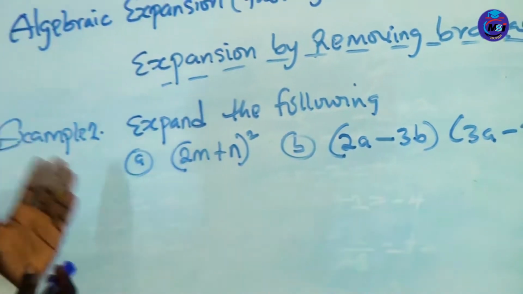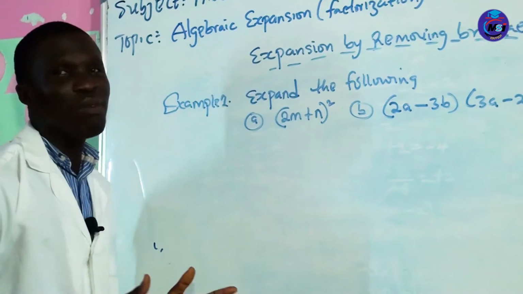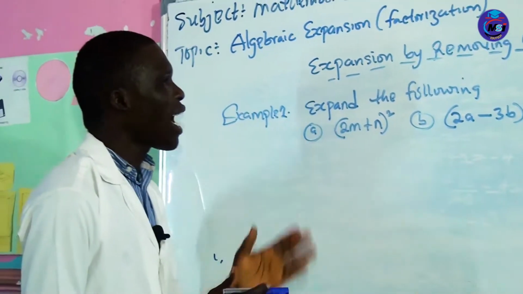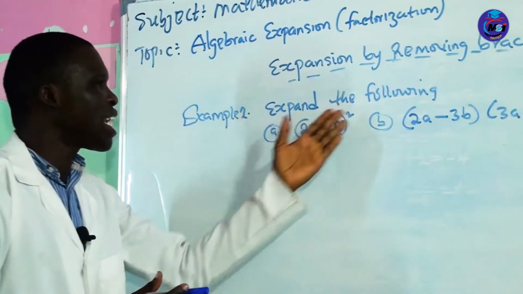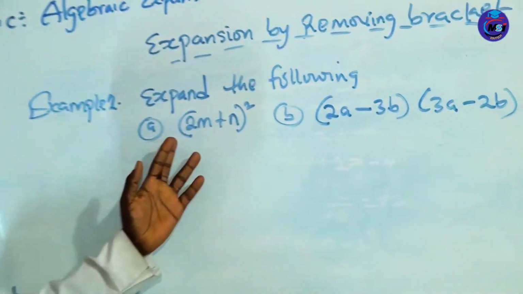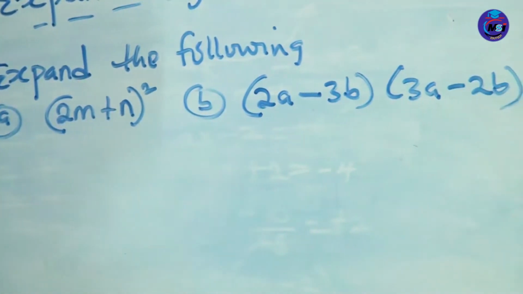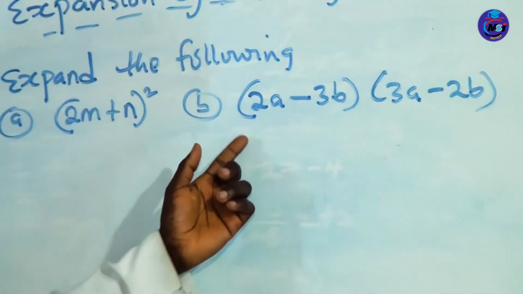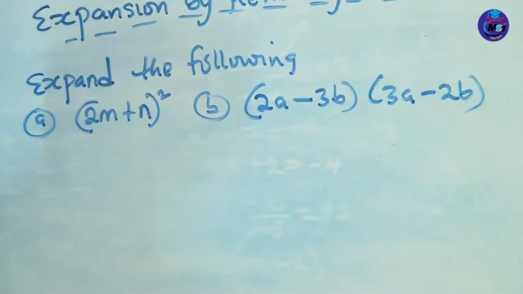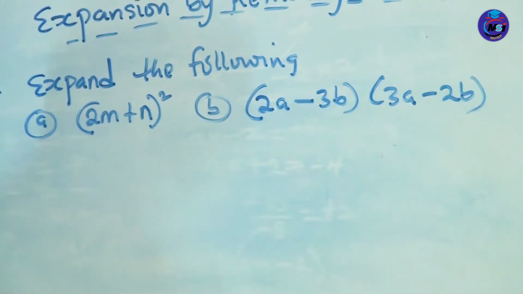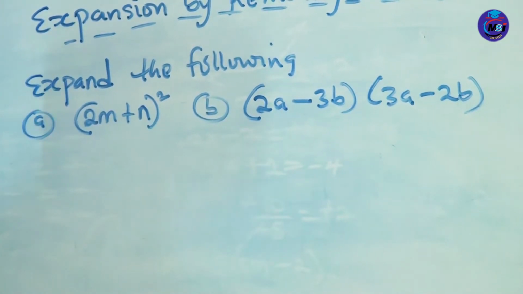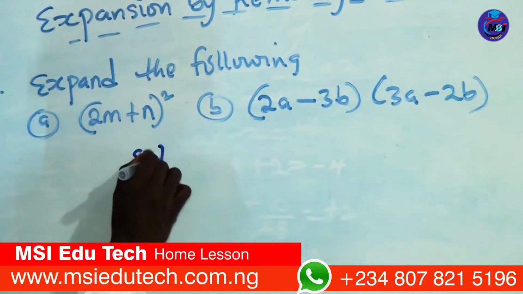Okay, class, we want to look at expansion by removing bracket. We have this example before us. Expand the following. Open the bracket, 2m plus n square. Then the b part, open the bracket, 2a minus 3b, close the bracket. Open the bracket, 3a minus 2b, you close the bracket. Let's solve this together.